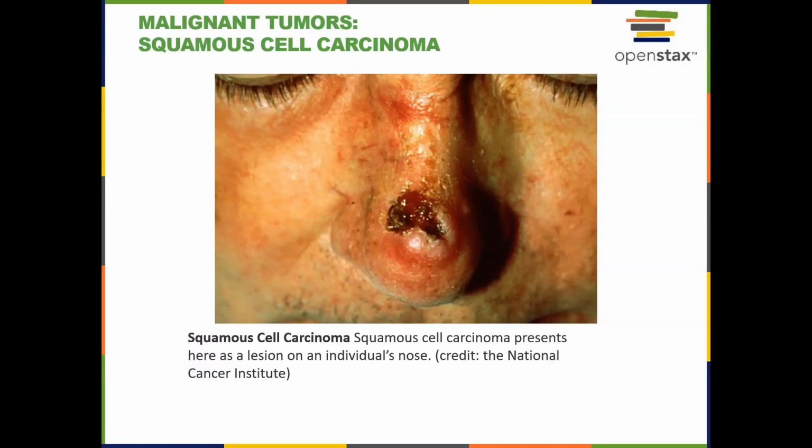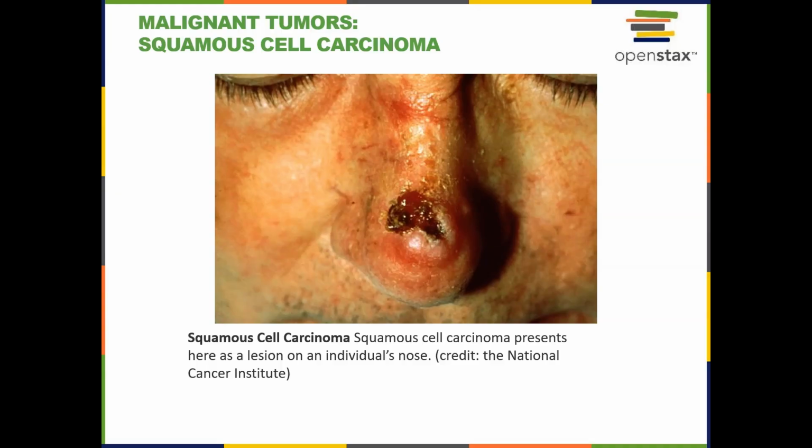The damaging effects of UV radiation are a major risk contributing to squamous cell carcinoma. These are commonly found on the scalp, ears, and hands, regions of the skin that are often exposed to sunlight.